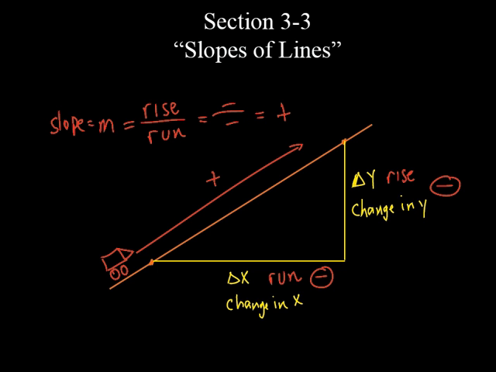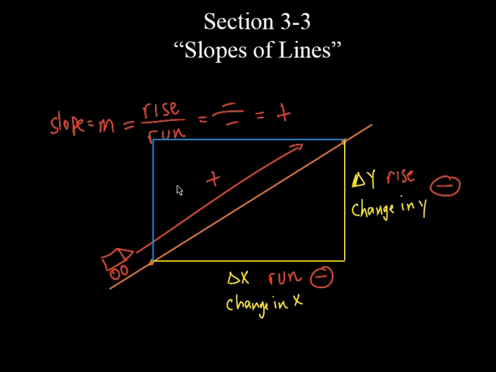Remember, we said we could also have done this. I could have started at the bottom, and I could have risen up to here, and then I could have run. Oops, I didn't go far enough. Let's try that again. Let's rise a little bit more. I'm trying to get it right on there. And let's run. Let's see if I matched up. Yeah, pretty good. So I could have done that.